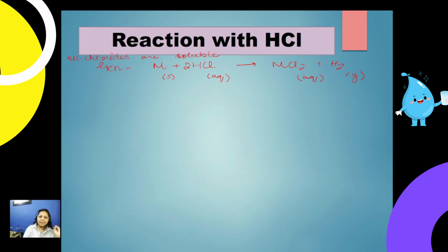Now just replace M with any of the metals of group number 2. Let's start with magnesium. Magnesium, a solid, reacts with hydrochloric acid, that is dilute, so we write aqueous. So magnesium chloride is going to form, MgCl2 with aqueous and hydrogen gas.